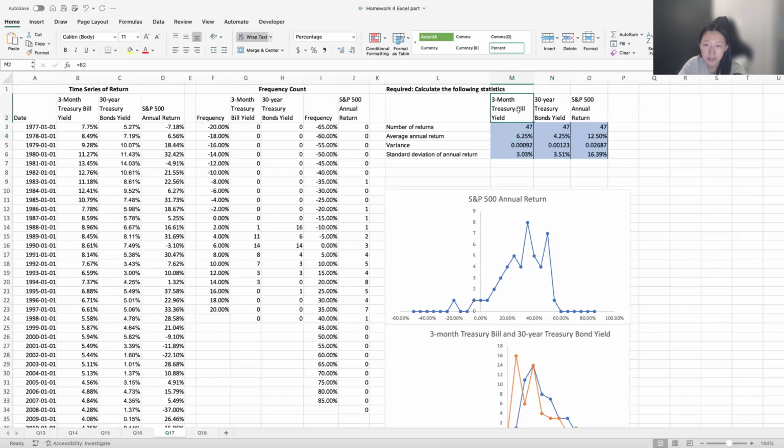The bill yield is the risk-free rate. The 30-year Treasury bond yield is a slightly but still low risk asset. It's not zero risk but low risk. And the S&P is a risky portfolio. So you can see that for the risky portfolio, its risk measure is higher. The standard deviation is 16%, compared to a really low standard deviation for the Treasury bill yield and the Treasury bond.